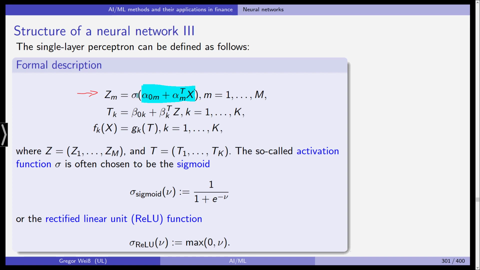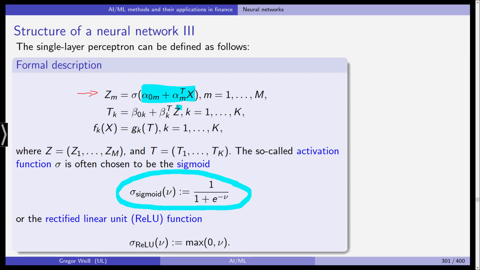But usually sigma, which is the so-called activation function, is often chosen to be the sigmoid function, which is given here. And this is a nonlinear function. So our linear combination of the features is nonlinearly transformed, and we get the hidden layer.